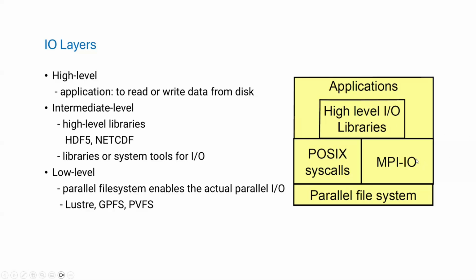On top of that, there are already well available high-level libraries like parallel HDF5 or parallel NetCDF. Those are basically based on the MPI-IO library and POSIX, and build more highly available libraries for applications.